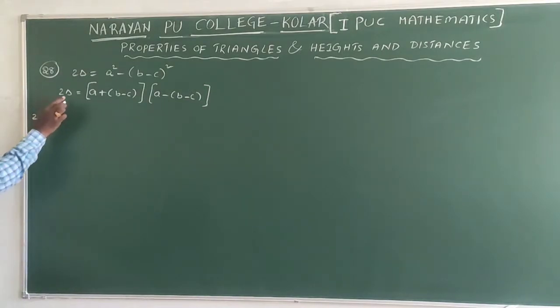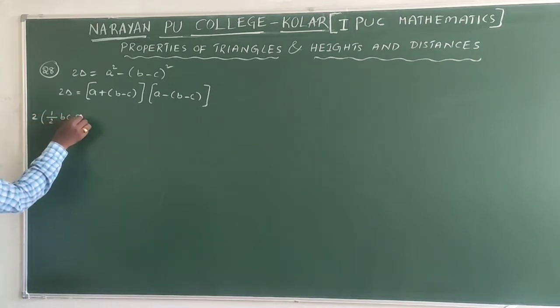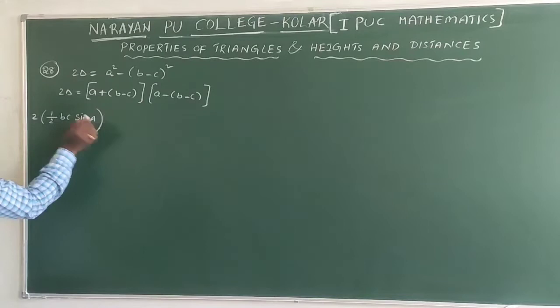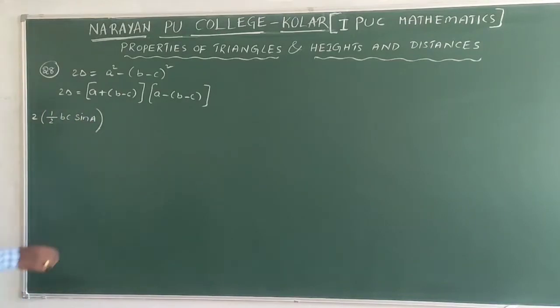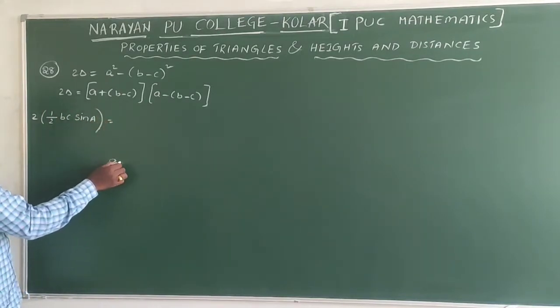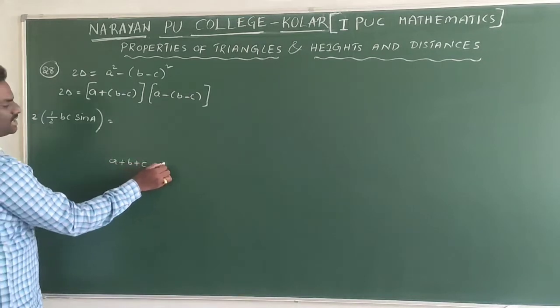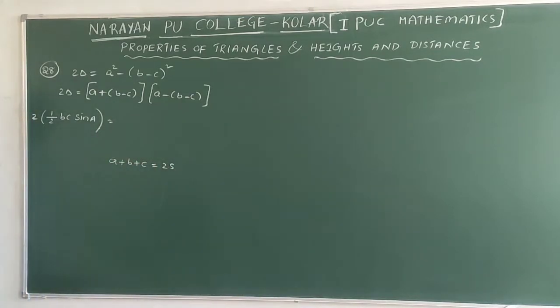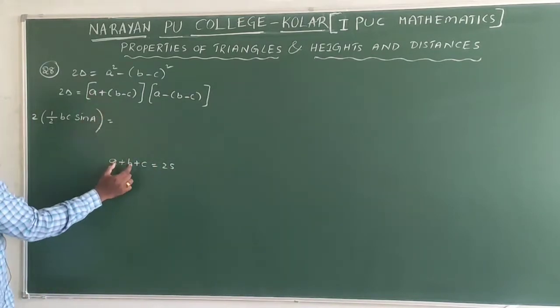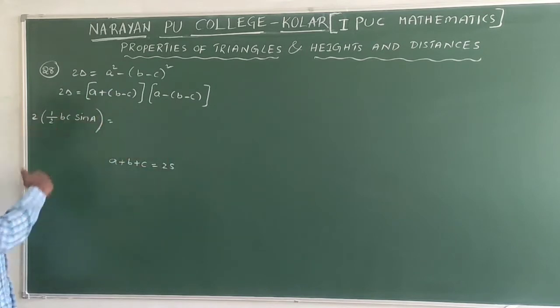2 into delta, we know the delta formula, area of triangle, is half bc sin A. So we know that the sum of sides is nothing but 2s. From this, a plus b can be written as 2s minus c.